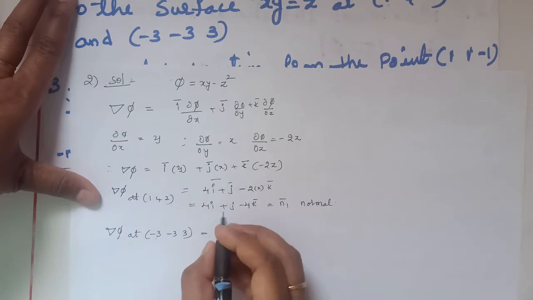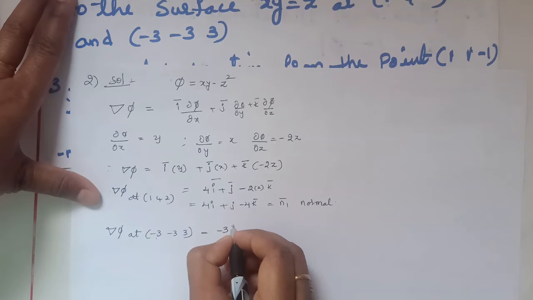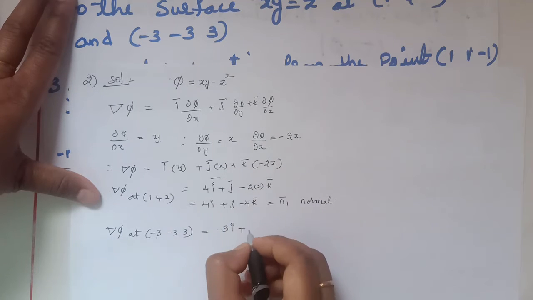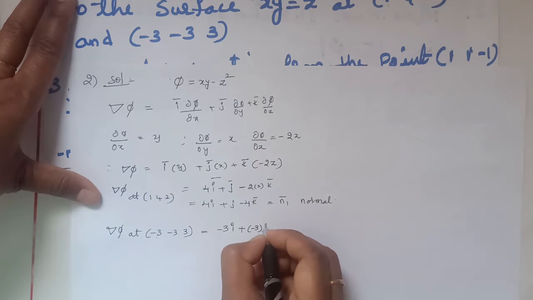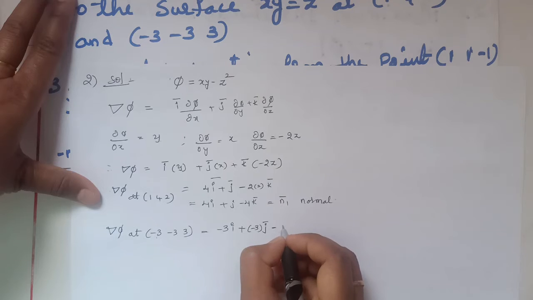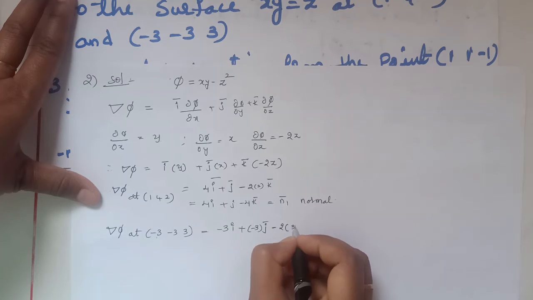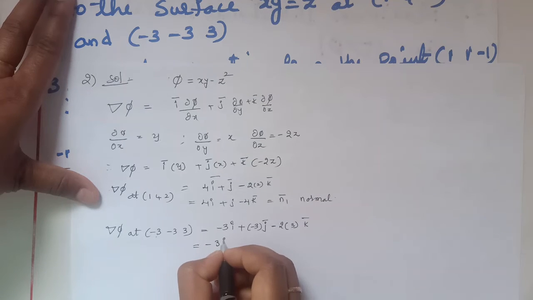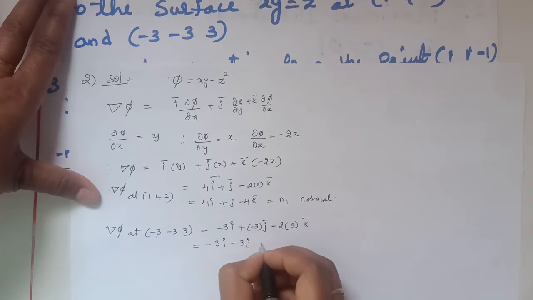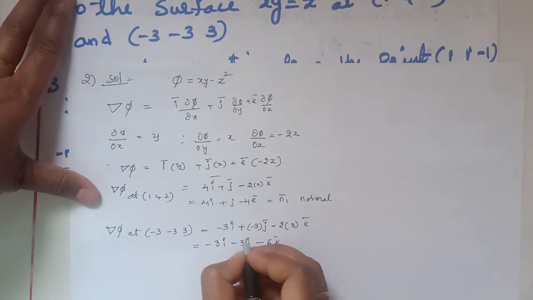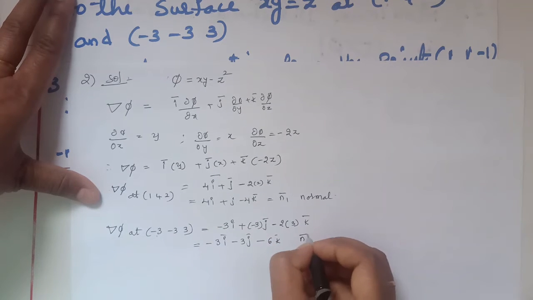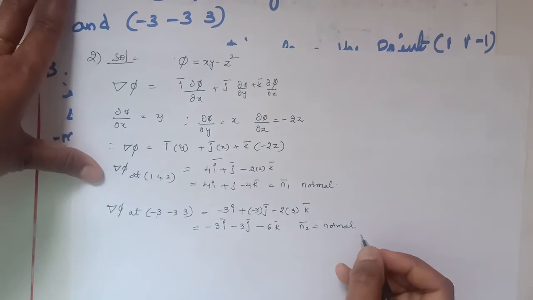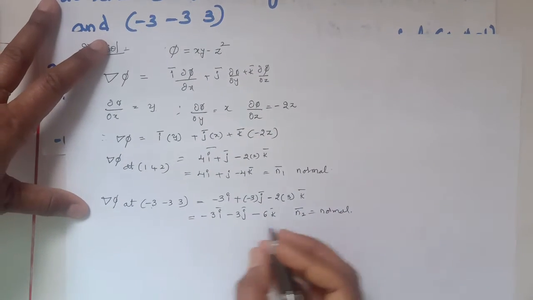So minus 3i plus minus 3j minus 2 into 3 into k. This is equal to minus 3i minus 3j minus 6k. This is the second normal n2. So we got two normals, n1 bar and n2 bar.